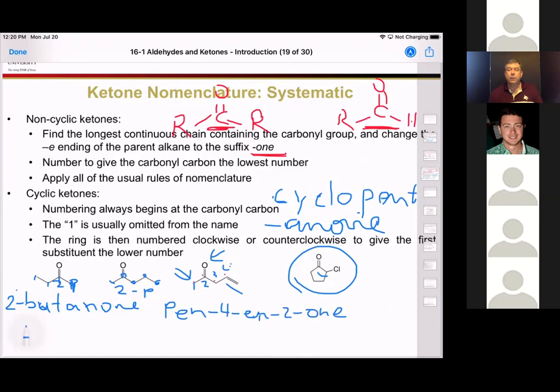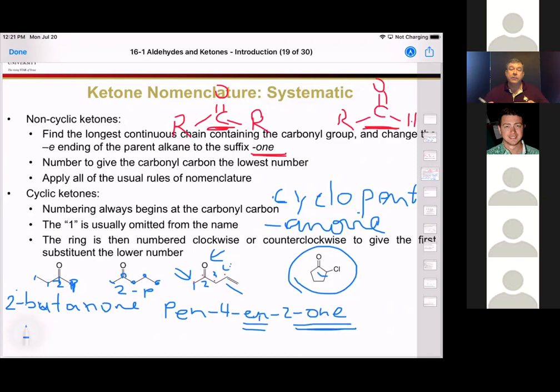Again, we're going to get lots of practice on this on Thursday, but the idea is whenever you have a double bond or a triple bond, it does appear in the name. Even though you're naming it for the ketone, it will appear right before that part. Okay. So any questions on the systematic naming of ketones?